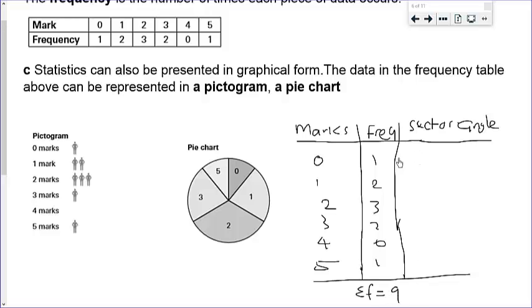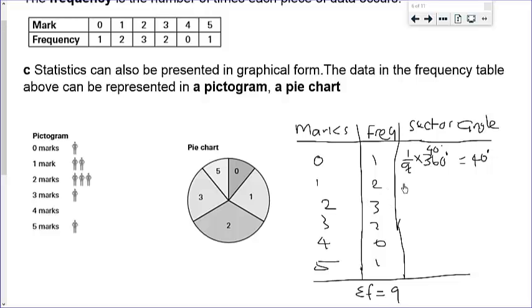So we find the sector angle. For the 0 mark, the sector angle will be 1 over the total frequency times 360 degrees. Now 9 goes into 360, 40 times, so that's 40 degrees. So we have the first sectorial angle being 40 degrees.